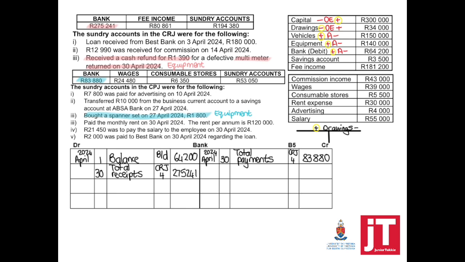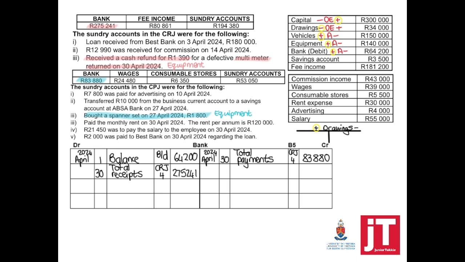I can go from a favorable bank balance, having money in my account, to an unfavorable balance where I've got no money in my bank. Now I owe the bank the money. So I went into a bank overdraft. And this happens when your total payment is more than our total receipts and the money that we have in our bank balance in the beginning.